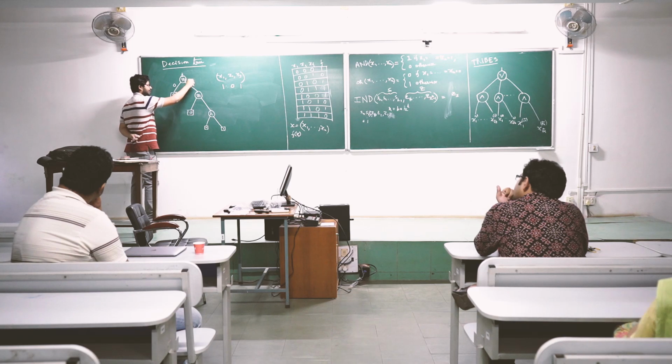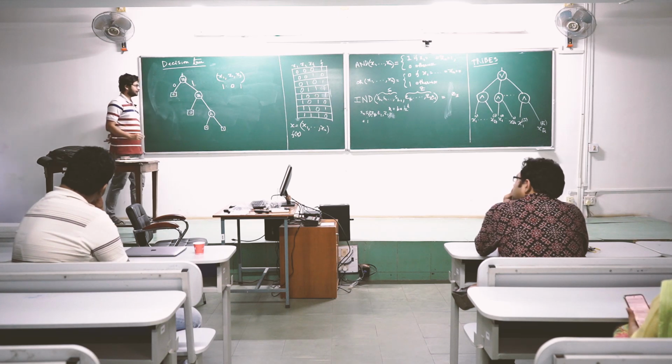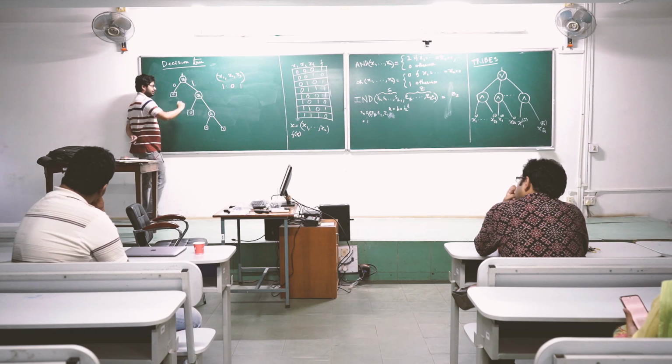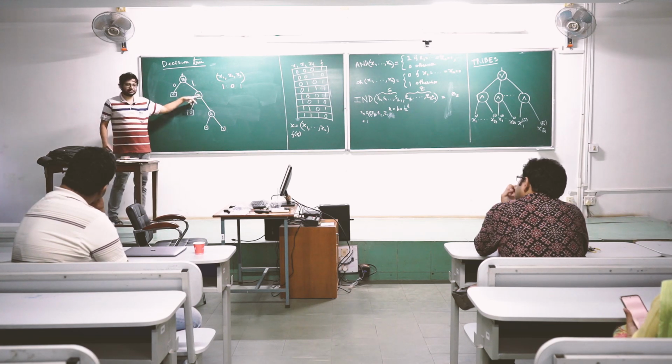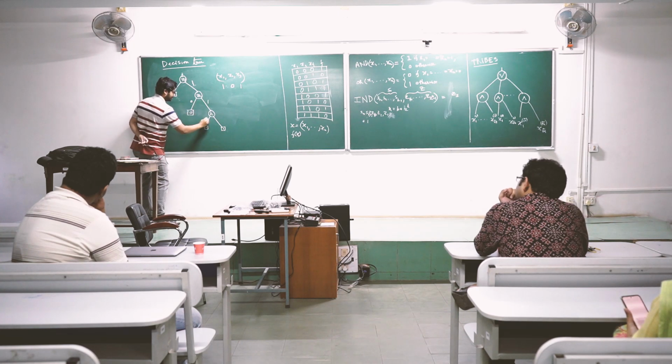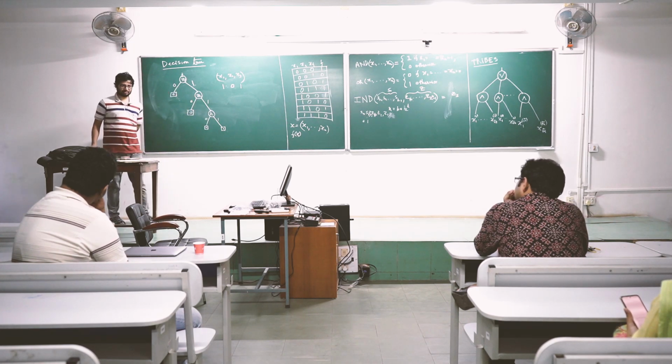So if x1 is 1, then you will come to x2, because you will take this edge which is labeled by 1. Then you will query the oracle for x2, because x2 labels this node, and the oracle will tell you that x2 is 0.